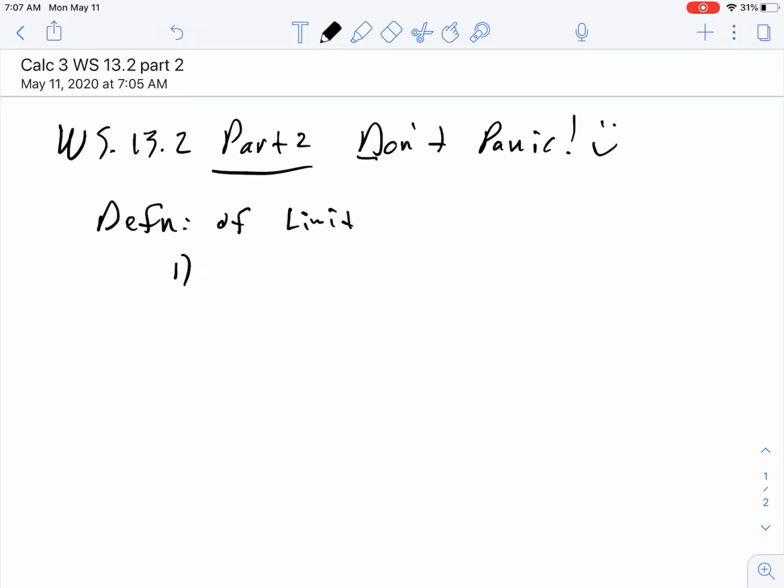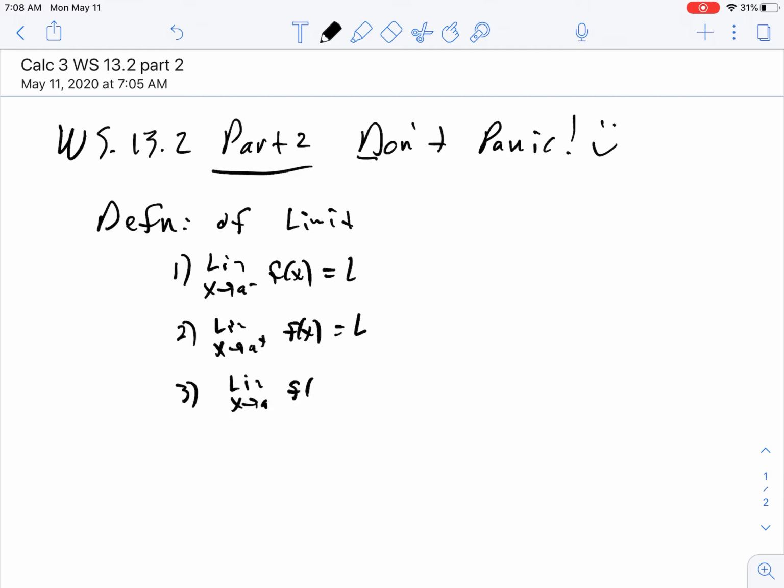So remember step 3 on this here: when you have the limit as x approaches a on the left side of f of x, and let's say it goes to some limit L, and you have the limit as x goes to a on the right side of f of x also going to L, therefore step 3, the limit as x goes to a of f of x.